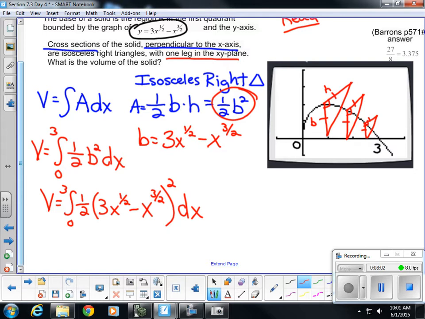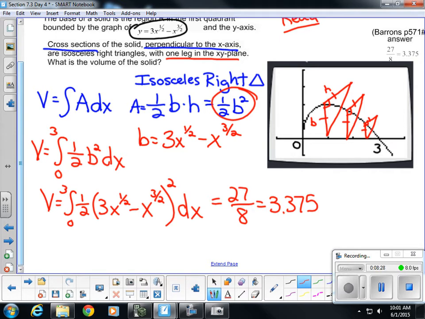This particular equation is simple enough that you could actually do this by hand, finding the antiderivative. So you should be able to do that. The answers you should get here are 27/8 or 3.375. Once again, there is no pi in this equation because we're not talking about circles, we're talking about triangles.